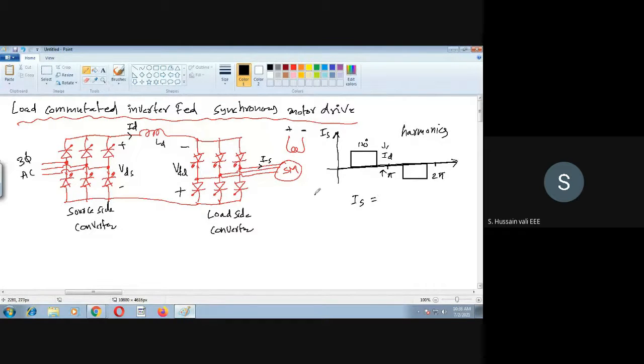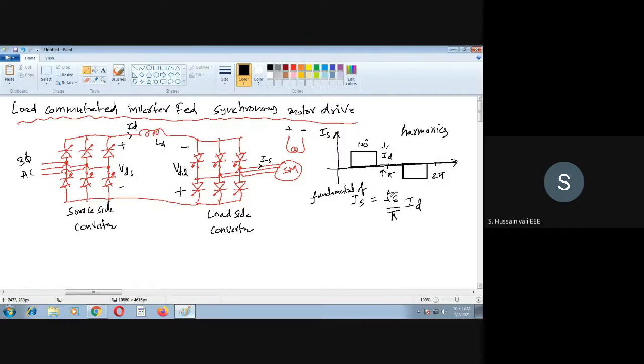I will write here the fundamental of IS. What is the fundamental component of IS? You can derive this formula using Fourier series analysis for this square wave, which is 120 degrees wide with height ID. There is no problem in this.